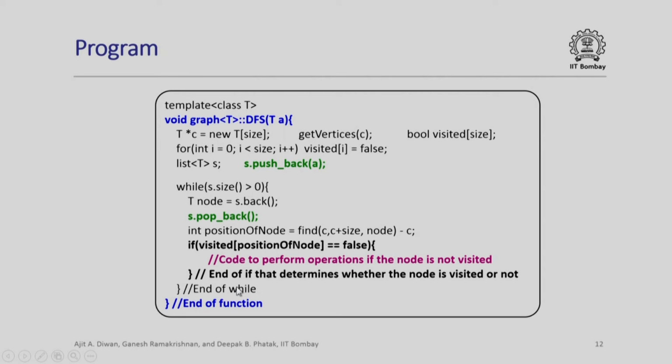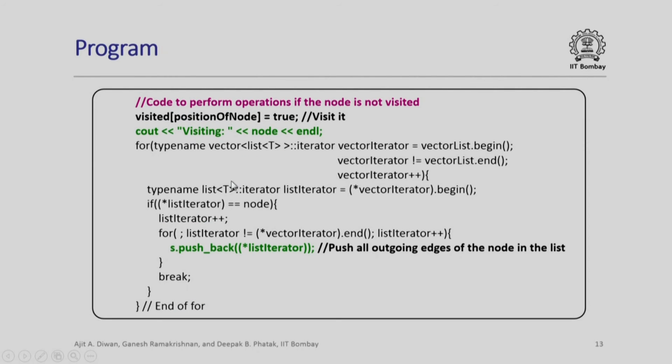If not, then end where I come out, and I will go to the end of while doing the same thing, keeping on visiting things. Please note that the while loop ensures that successively I will pop back and keep visiting the pop back node as per this logic. Let us look at code to perform operations if the node is not visited.